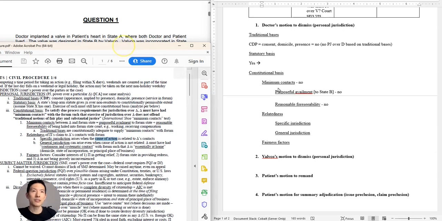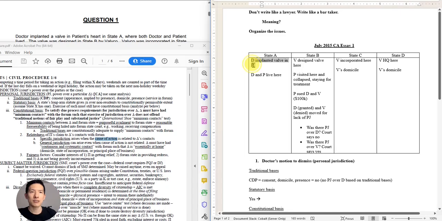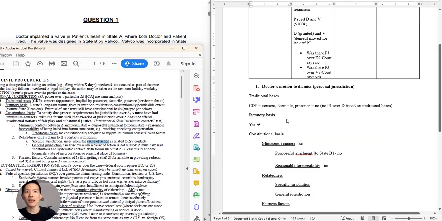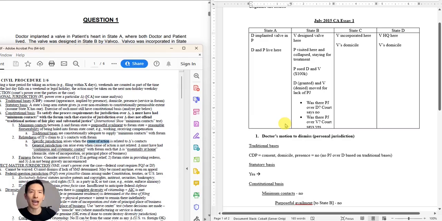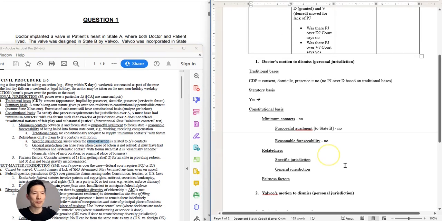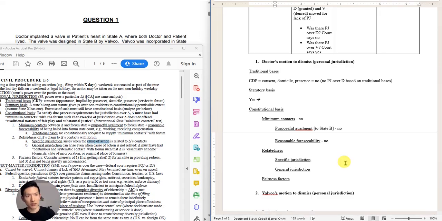Negligently implanted it. This happened in state A. The doctor implanted the valve in the patient in state A. So even if the doctor had contacts with state B, the cause of action happened in state A. So there's no relation between those two things. So once again, this is a no.